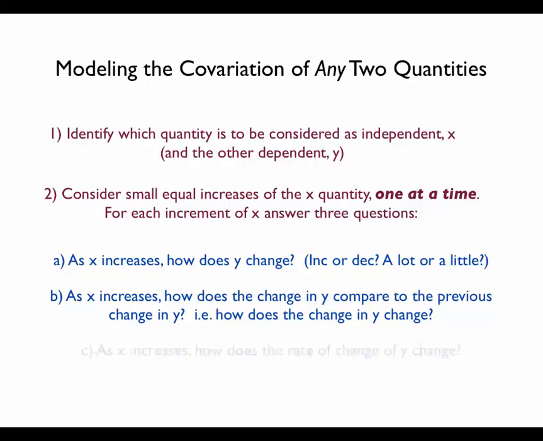Okay, and then from that we deduce, based on how the changes are changing, we can conclude what's happening to the rate of change, as long as we're keeping those changes in x the same. If we're keeping those changes in x the same, then what's happening to the changes in y is going to predict what's happening to the rate of change.